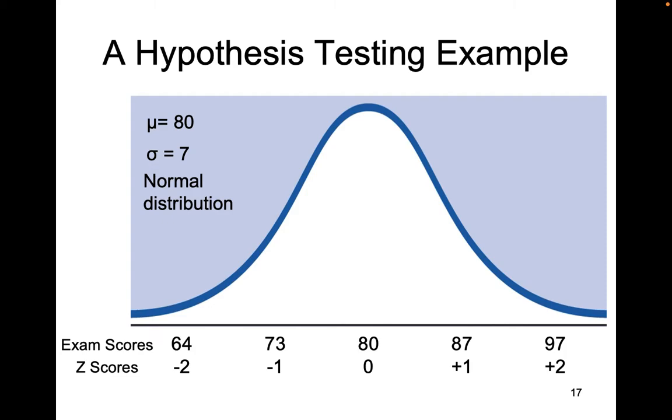Using the same reasoning, if a student scores above a 97, we would reject the idea that they come from the population of students, like our general population of students, with a mean score of 80. So we would conclude that students who participate in the training program will, on average, score higher on the exam than the regular or untrained group of students.